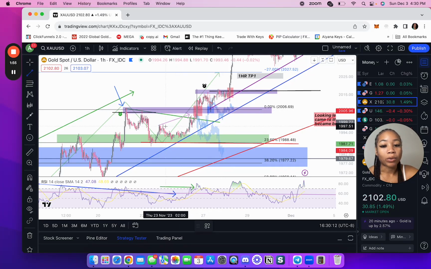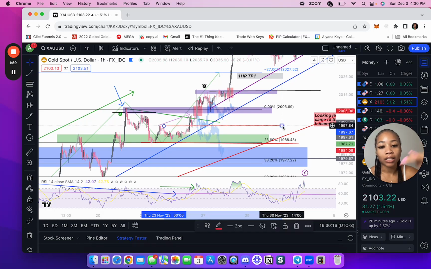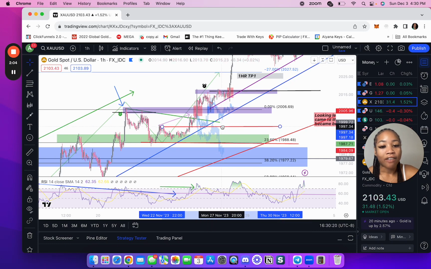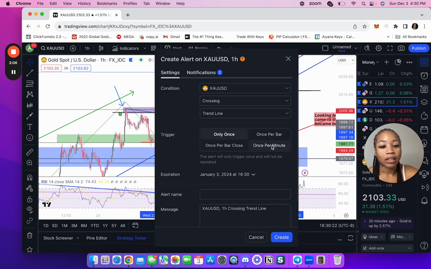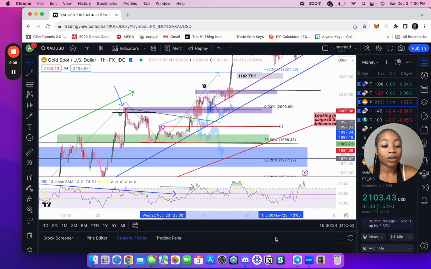So I'll put another trend line right here, halfway before my stop loss, so that if price was to break through this trend line, I have an alert set on this to alert me once per minute. It's literally just going to be going off and off and off, showing me that we're breaking past a certain area.